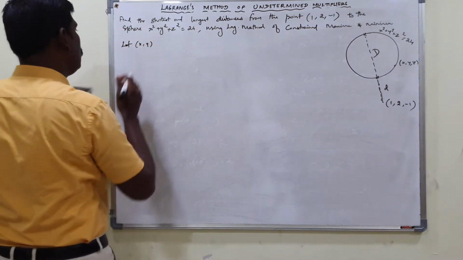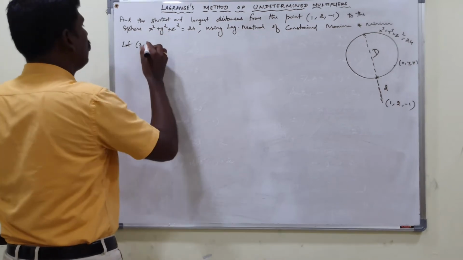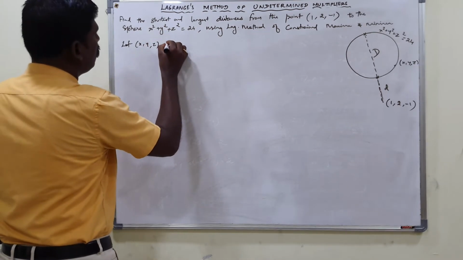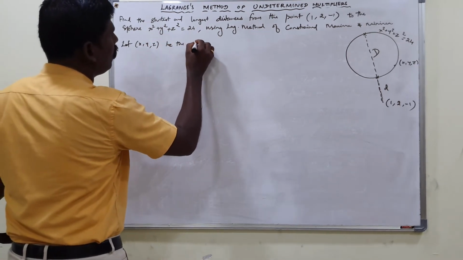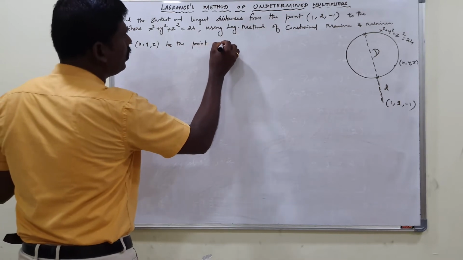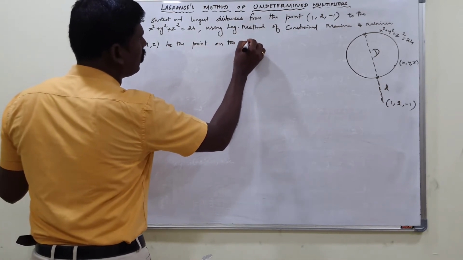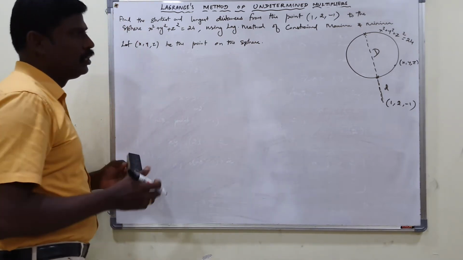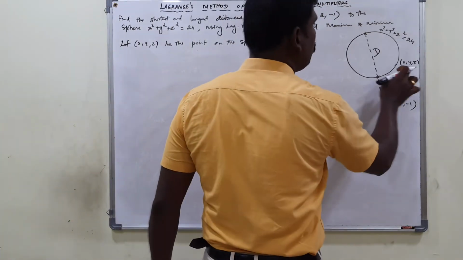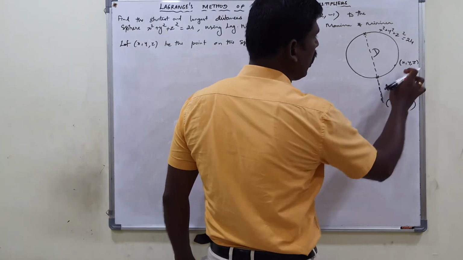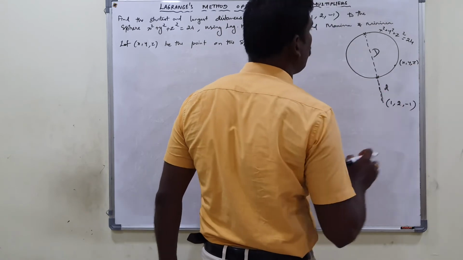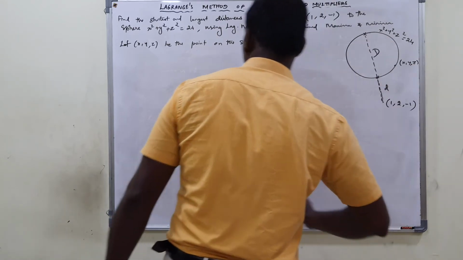Let x comma y comma z be a point on the sphere. Okay, so any point on the sphere be x comma y comma z. I am going to find out the shortest distance and also the longest distance between these 2 points.